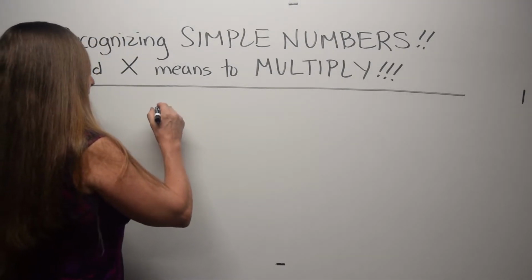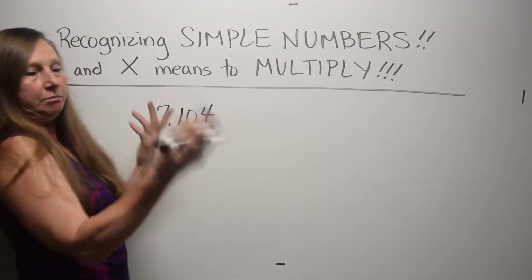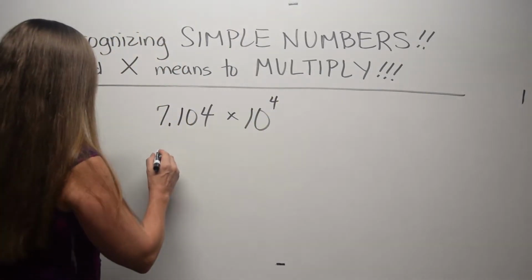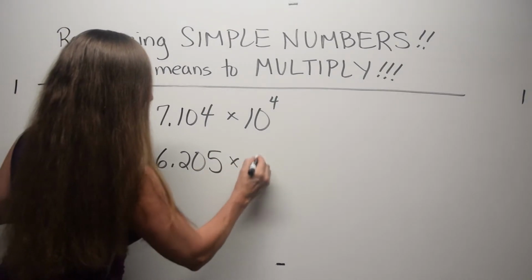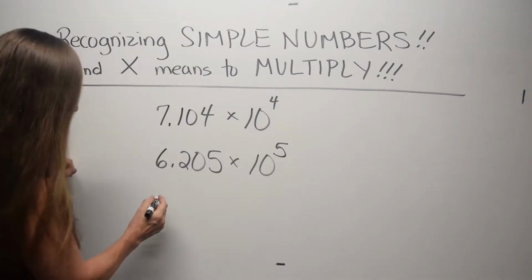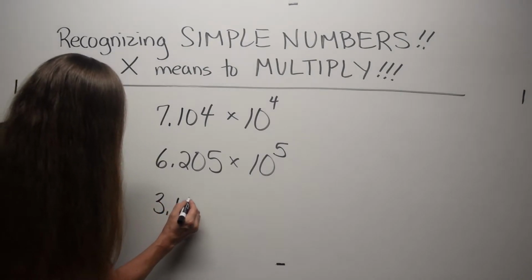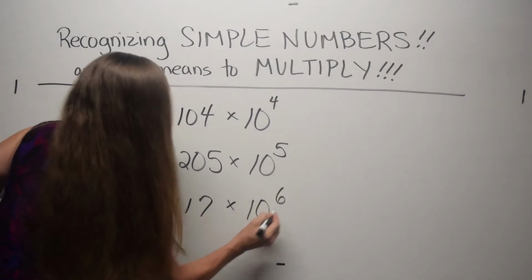If you had, for example, 7.104, let's just make up a number here, times 10 to the 4th, 6.205 times 10 to the 5th, and let's just say 3.117, whatever, times 10 to the 6th.